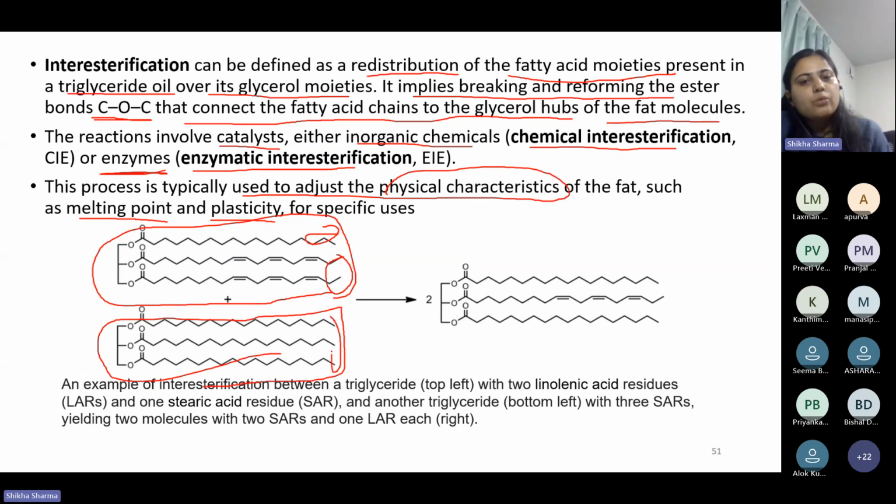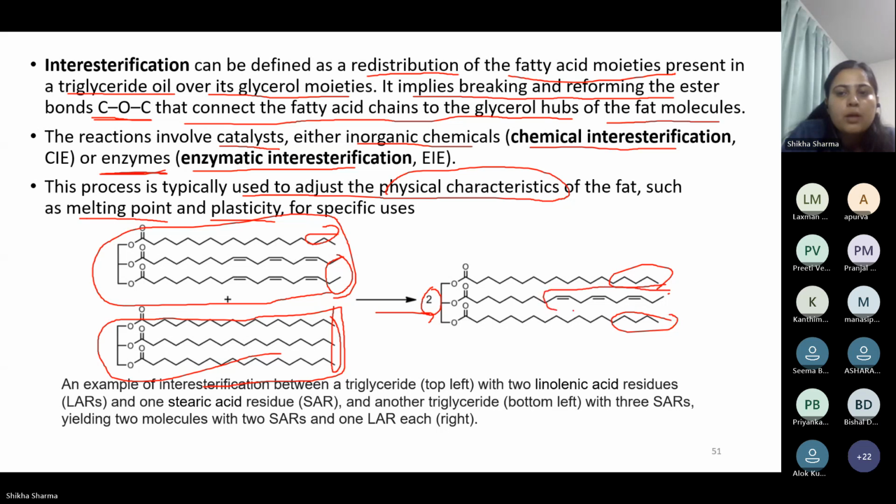When they go through the interesterification reaction, the modification reaction, we get two molecules of triglyceride, each having two chains of stearic acid residue and one chain of linoleic acid residue.